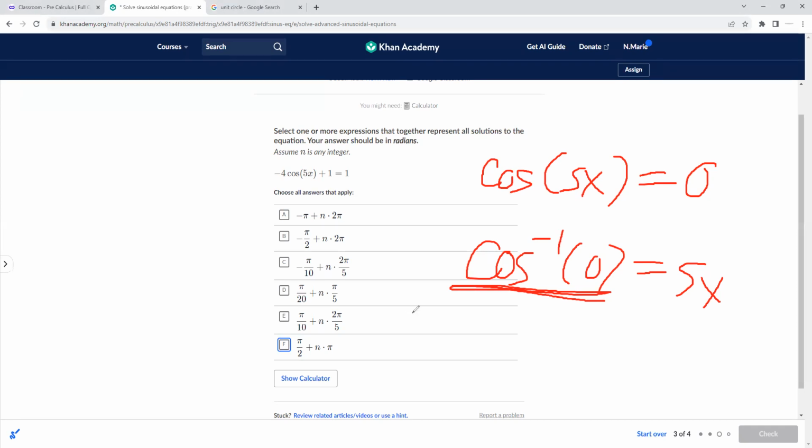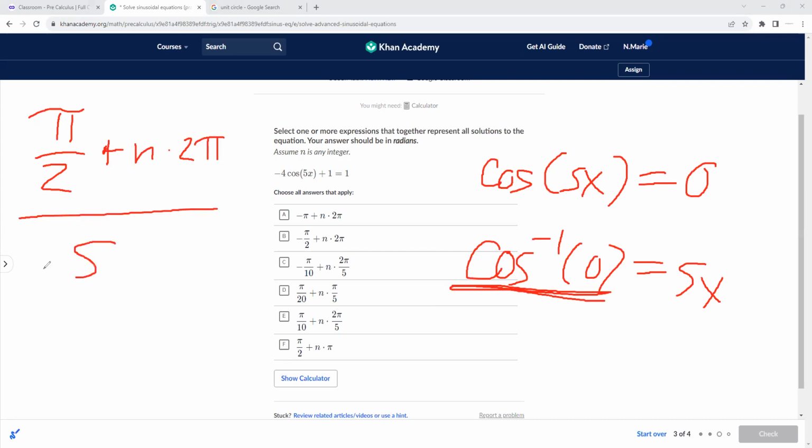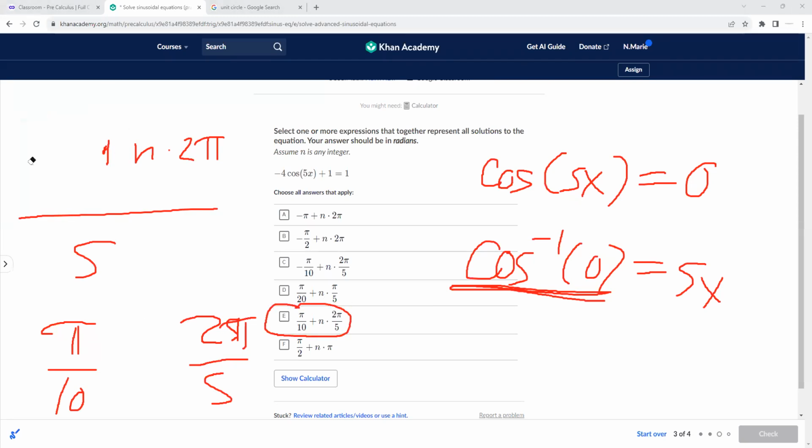And so if I had pi over 2 plus n times 2 pi, and I divided all this by 5, pi over 2 divided by 5 is pi over 10. And 2 pi divided by 5 is just 2 pi over 5. So you can see it matches up with this answer here.